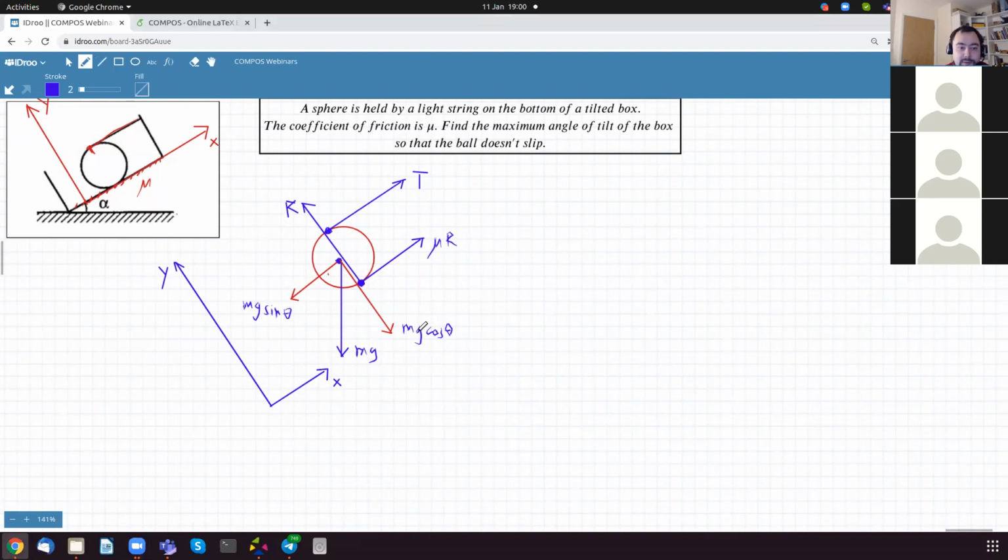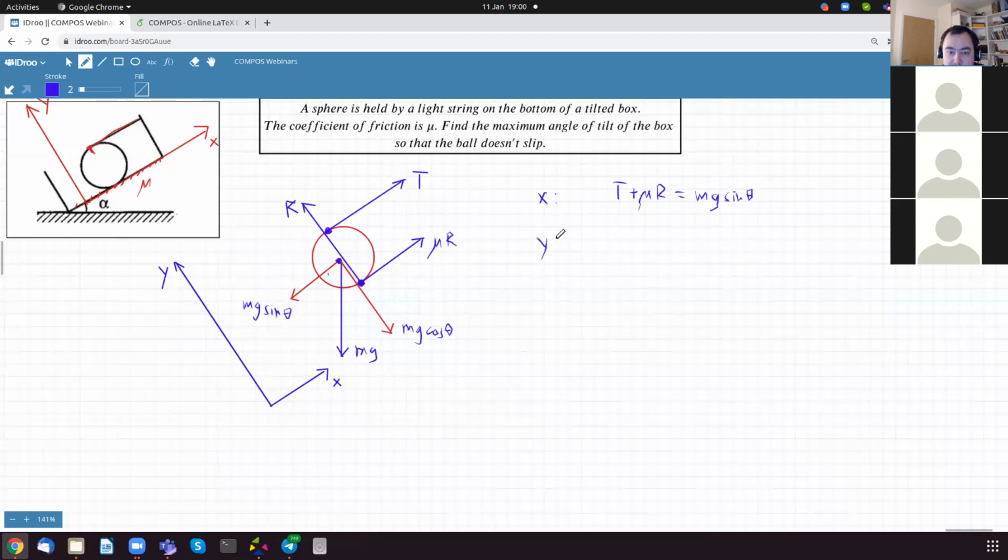Okay, so along the x-axis, we have T plus mu R has to equal mg sine theta.